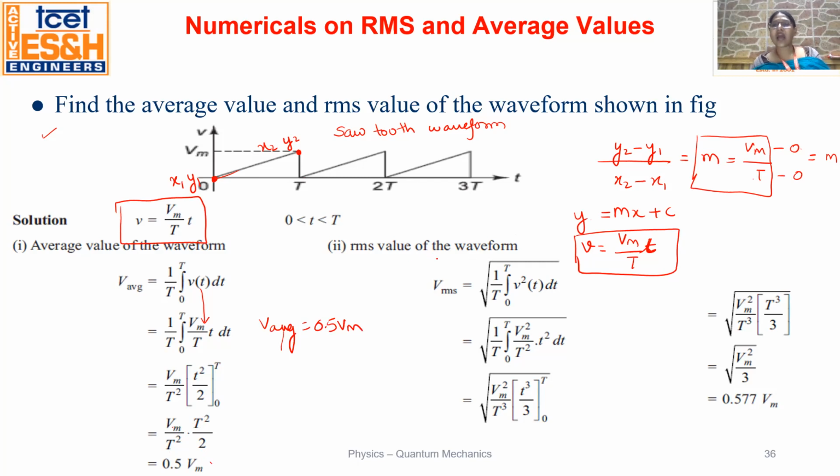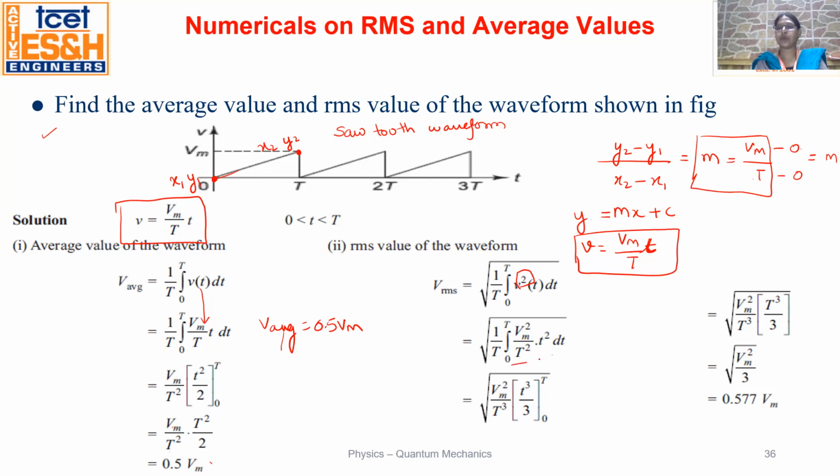Now for finding the RMS value, we have to take the square root of the mean of the square of the function. So 1 by T, 0 to T is the limit, and square the function. Now put 1 by T, 0 to T, and integrate Vm square by T square times t square.